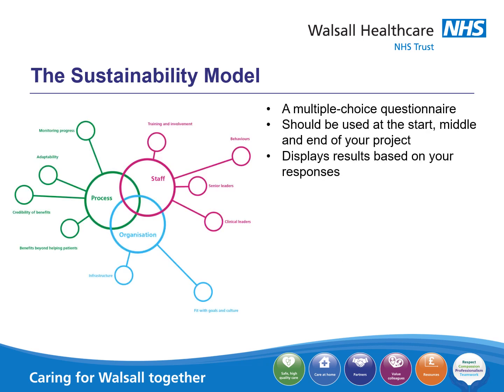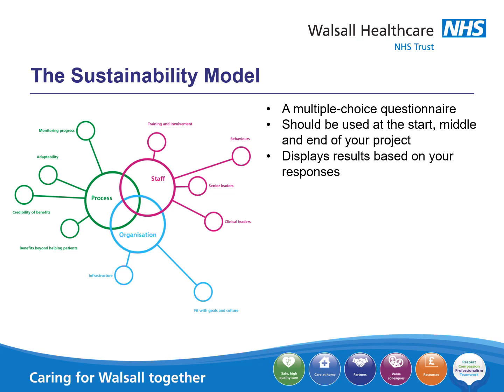So what is the sustainability model? It is a really simple multiple choice questionnaire which you complete by yourself, or better still as part of a project team. You should complete this survey at the start of your project, at the middle of your project, and also at the end. All you're doing is going through 3 domains, 10 factors, which means there's going to be 10 questions.